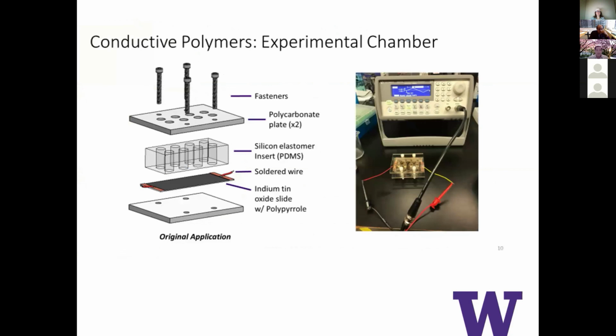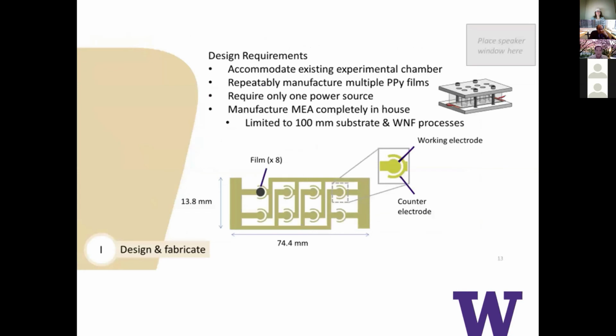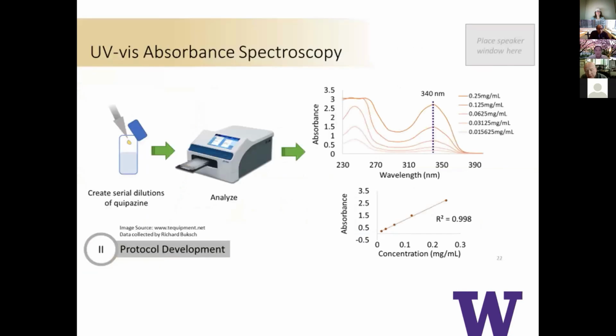So we have separately developed some chambers for testing delivery of quipazine, which is a serotonin agonist and thought to promote plasticity during rehab. Here's an example of some chambers we're using in our lab, which we've custom fabricated, and then some microelectrode arrays that we've custom fabricated for the same purpose.